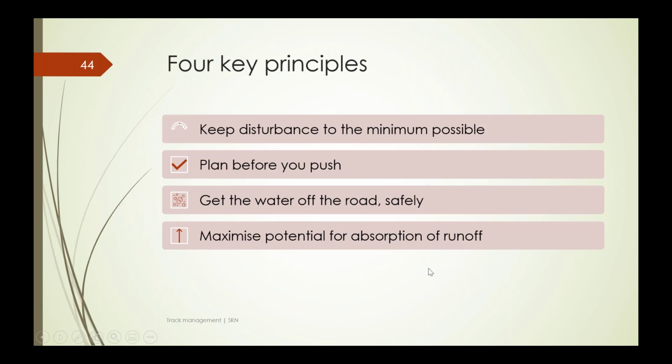To plan before you push, get to know the area that you're working with, work out the route of the road, taking into account where the ridges are, where the drainage lines are, where the risky sites are, putting it on a map, and then you can have a record that's part of the plan of operations, part of your formal plan then.